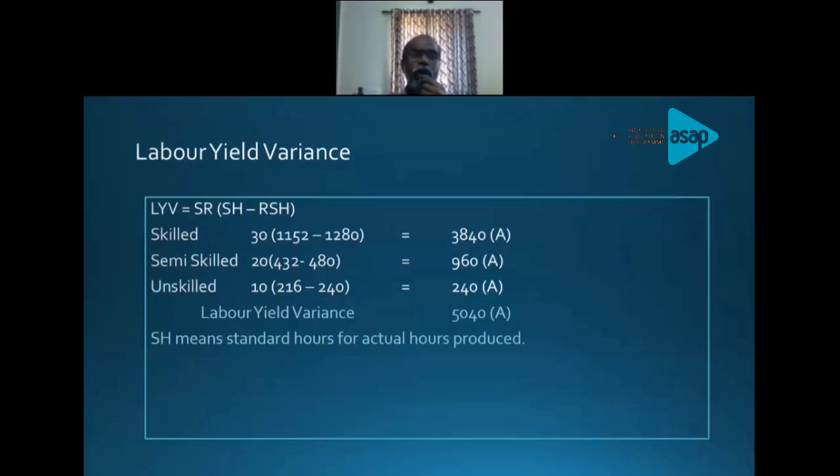So the variance is 3840. Then, as far as semi-skilled workers are concerned, 432 is the standard hour for actual output, and revised standard hours or standard hours is 480.